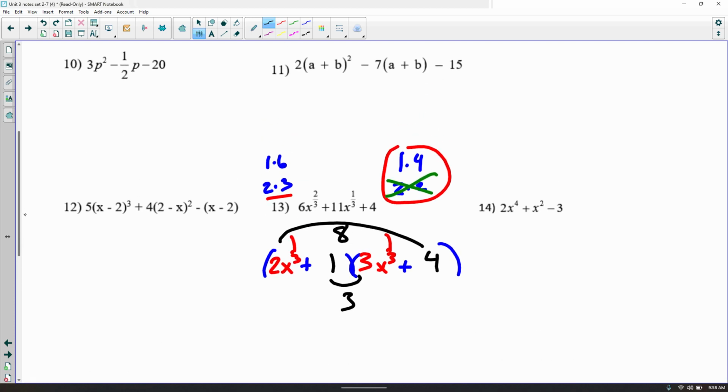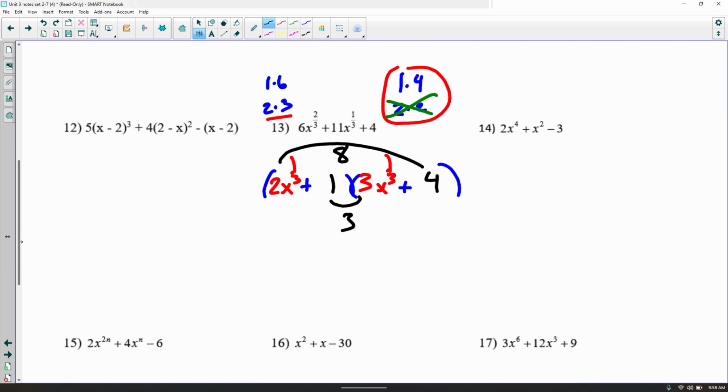All right, looking at number 14. We'll do that one real quick. What do you notice about the 4? It's larger than our normal 2. Anytime you have something that is larger than 2, it's a possibility that it will refactor. So let's go through and do this real quick.